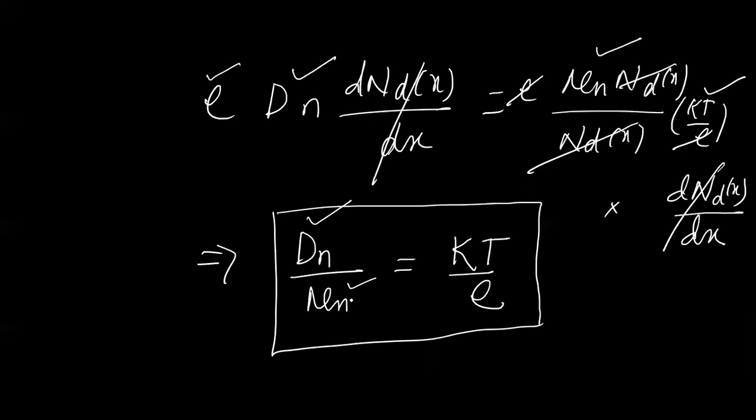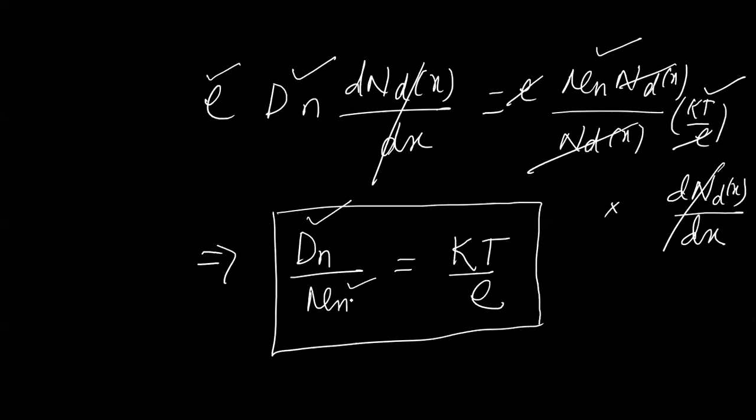The electron current density and the hole current density, because of drift and diffusion, both will be zero. Considering that, we understood that the diffusion coefficient and the mobility are not independent parameters. They are related to each other.